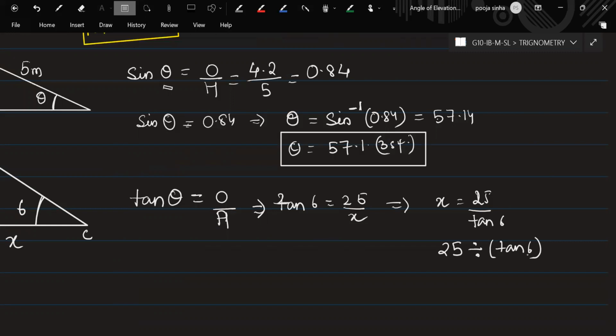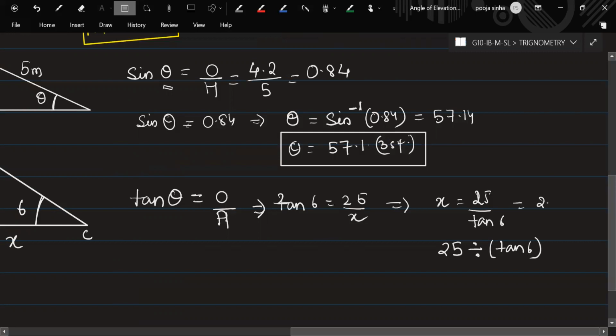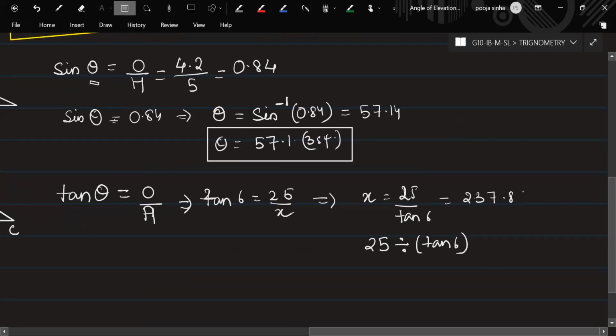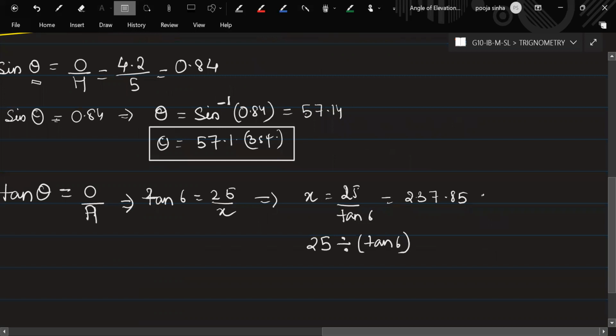Make sure one operation goes in one bracket. So Miss, it's giving me 237.85. Three significant figures will become 238. This is 3 SF.